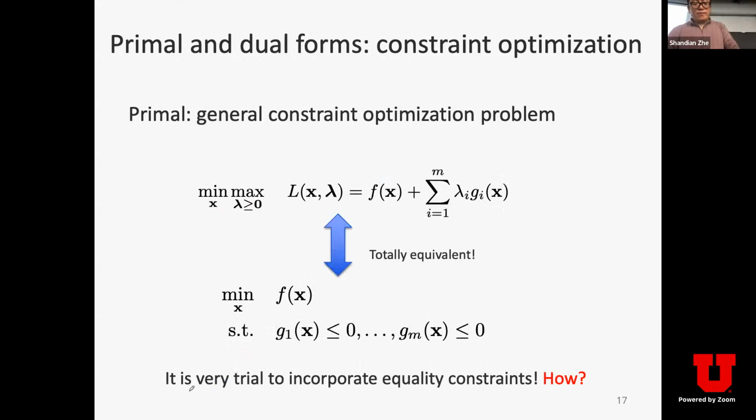And following the same framework, it is very trivial to incorporate equality constraints as well. That is, suppose I want to minimize an objective function such that g1(x) = 0, g2(x) = 0, until gm(x) = 0, and you can reformulate it as the same kind of minimax optimization problem. But it's a little bit different, so I will leave it as an exercise for you to deepen our understanding.